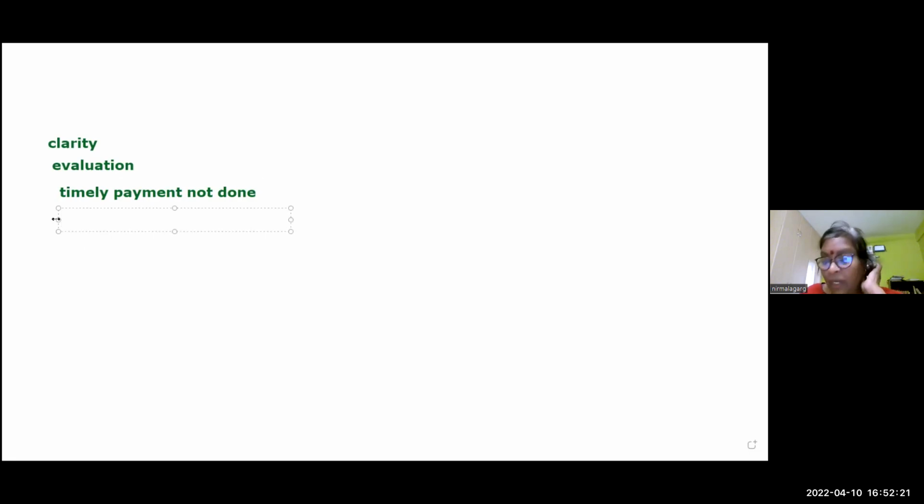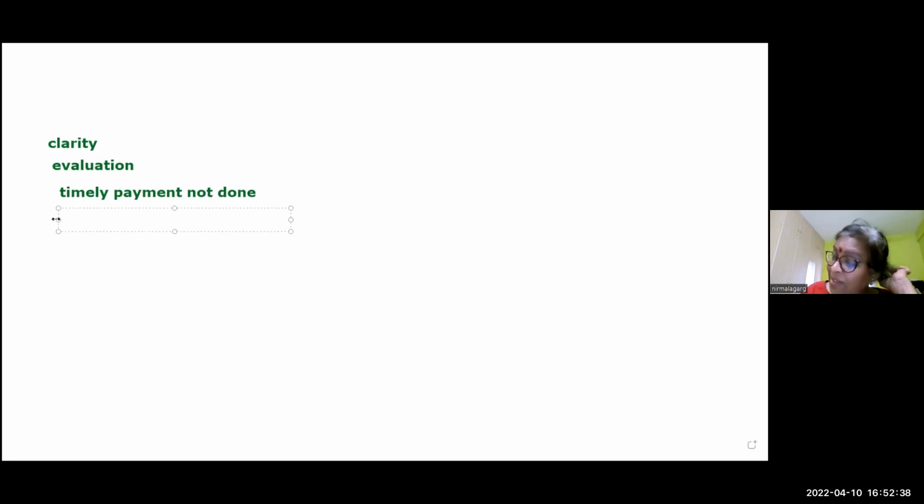Okay. Now, why do you want to give variable pay? Because you want people to stretch, or you want people to work beyond their scope of job description, and you want top performers to stretch.